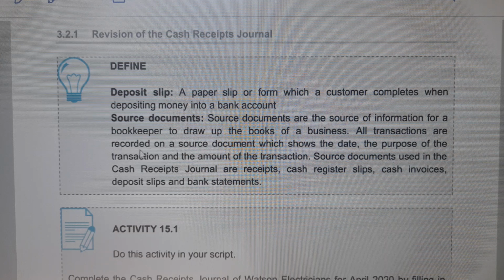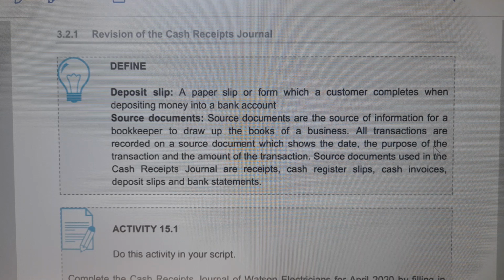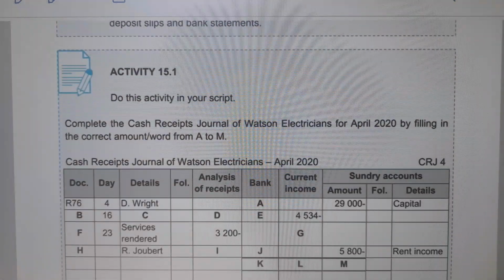All transactions are recorded on a source document, which shows the date, the purpose, and the amount of the transaction. Source documents used in the cash receipt journal are receipt, cash register slip, cash invoices, deposit slip, and bank statement. Now we've been repeating this over and over.